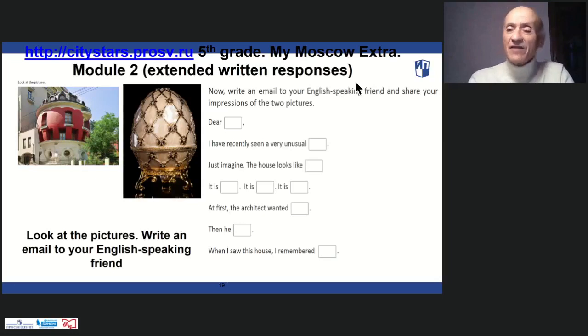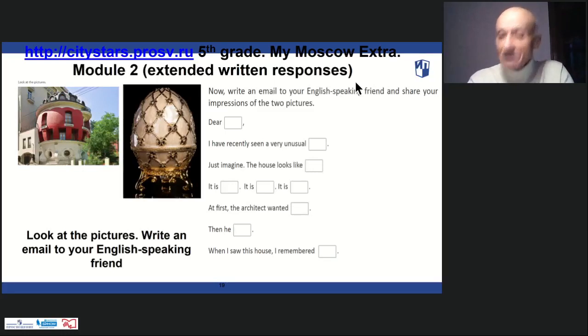Also, there are facilities to drag and drop words and pictures, matching them. This is really useful. So you write an email, dear, and they write it. I have recently seen a very unusual house. Just imagine the house looks like an egg.